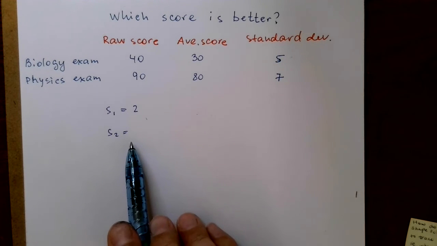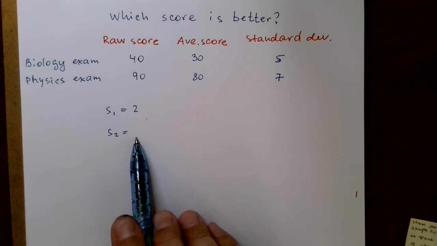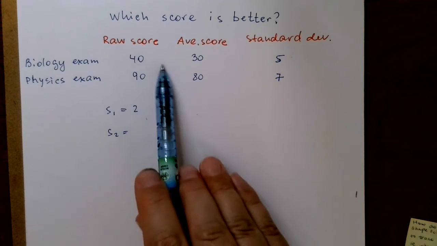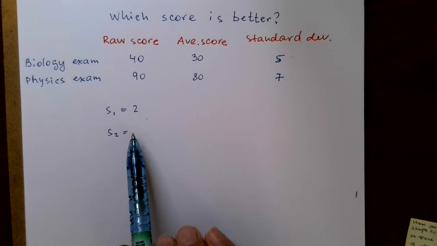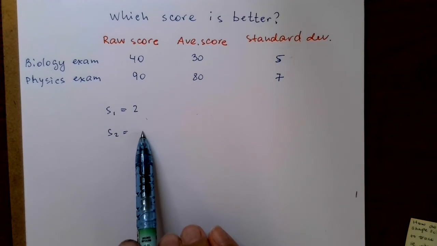Well, that already is enough information to say that that score 40 is better because the standard deviation is 2, and here it's between 1 and 2, so it's below 2.